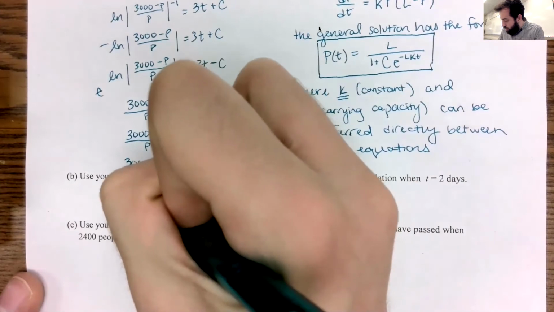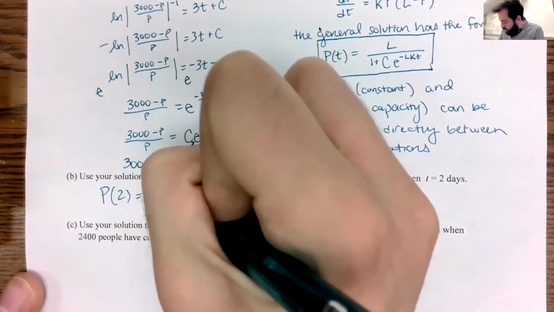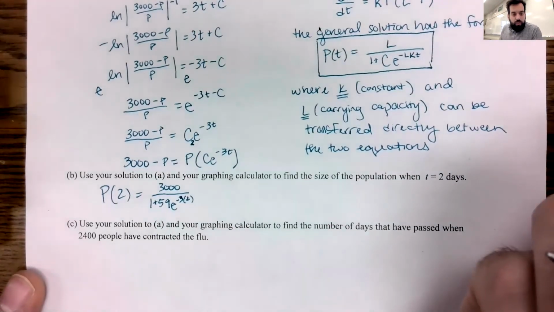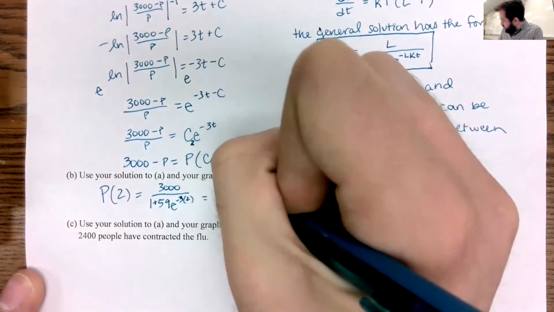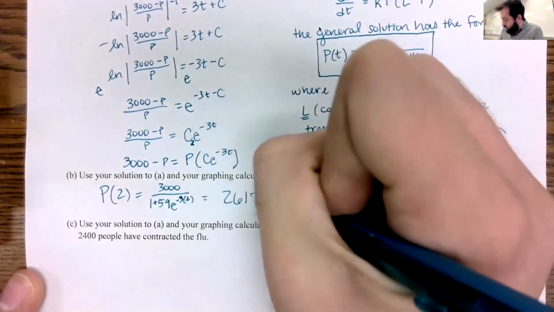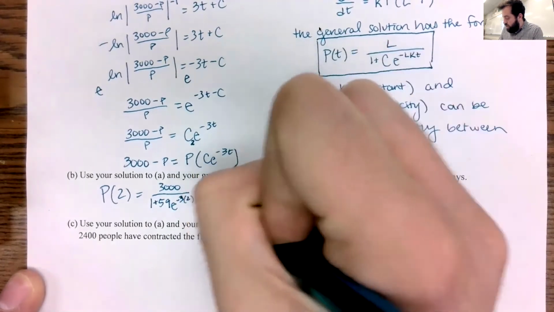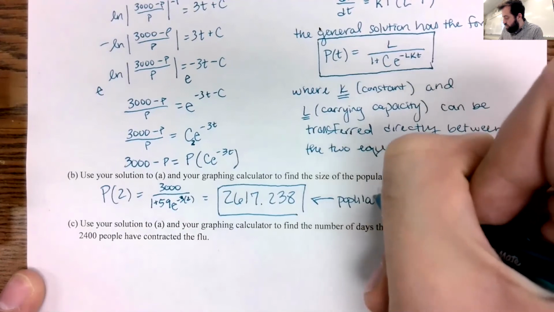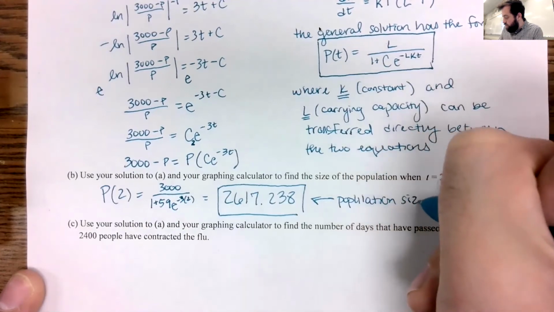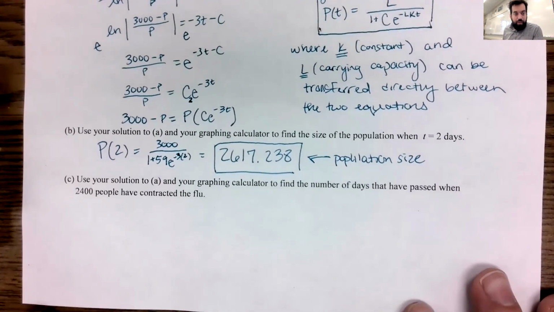So it's going to be 3,000 over 1 plus 59 e to the negative 3 times 2. And all I'm doing is plugging that into my graphing calculator, and I end up with 2,617.238 is the population size. And that's it. Not too bad compared to part A.